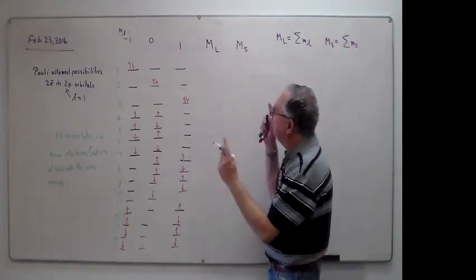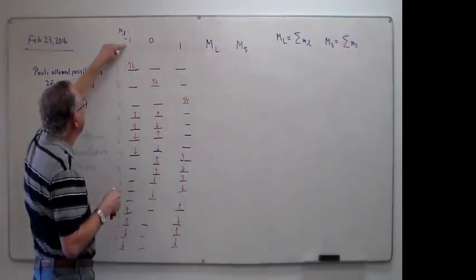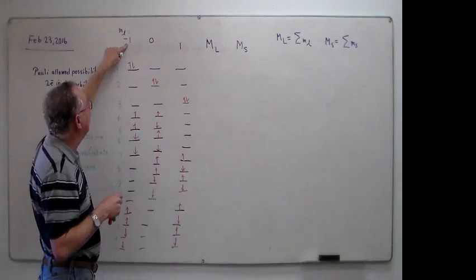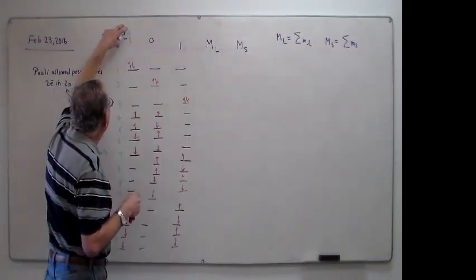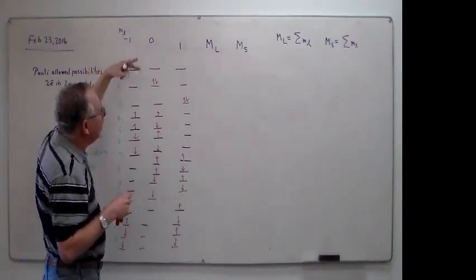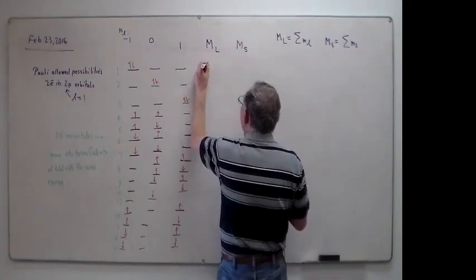Okay. So we have 2 electrons, and they're both at an m sub l of -1. So what's the total m sub l? Got one with 1 unit of angular momentum at -1, and another with 1 angular momentum unit at -1. So you've got -2.